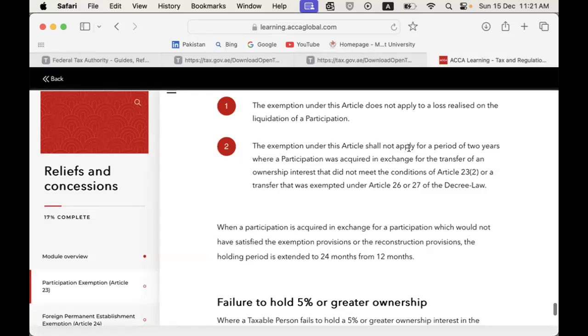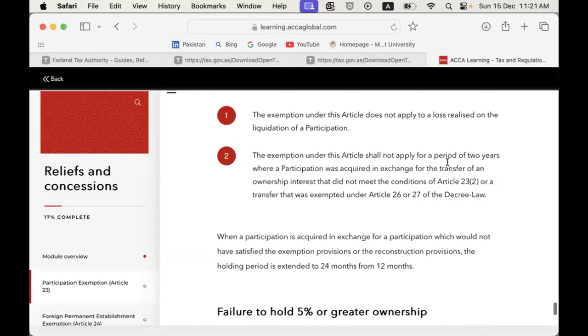So let us read again. Exemption under this article shall not apply for a period of 2 years. So the benefit of this exemption will not be available for 2 years, where a participation was acquired in exchange for the transfer of an ownership interest that did not meet the conditions of Article 23.